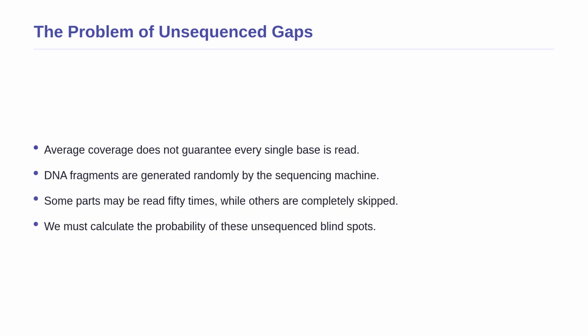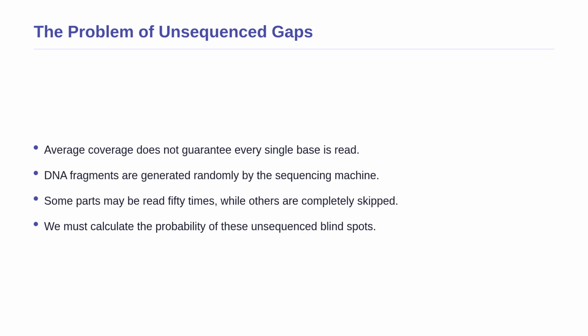While calculating average coverage is incredibly useful, it leads us to an important realization. Average coverage does not directly tell us if we missed any spots. Because the DNA fragments are generated randomly by the sequencing machine, the distribution of reads is not perfectly even.